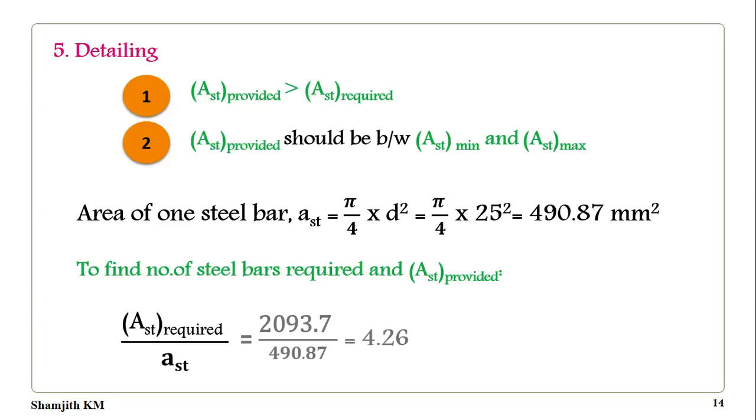So we will be getting 2093.7 divided by 490, that is equal to 4.26. 4.26 is not a whole number, so we can't provide steel bars as 4.26. We can only provide either 4 or 5, so we will prefer 5. We will be providing 5 numbers of 25 mm diameter steel bars.